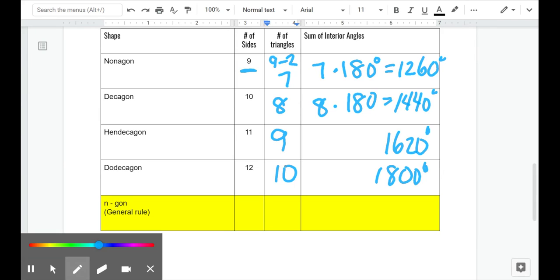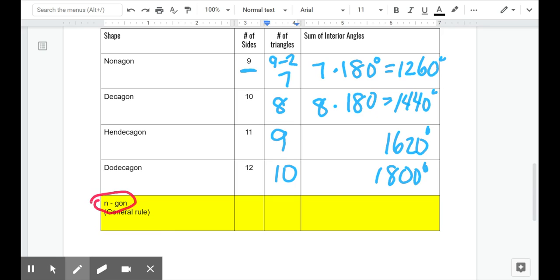So now we are up to the part where we try to figure out the rule. Now, an n-gon means I have n sides, right? So if I have n sides in this next column, number of sides is n, right? Now, remember, to get from the number of sides to the number of triangles, I have to subtract 2. So the number of triangles is n minus 2.